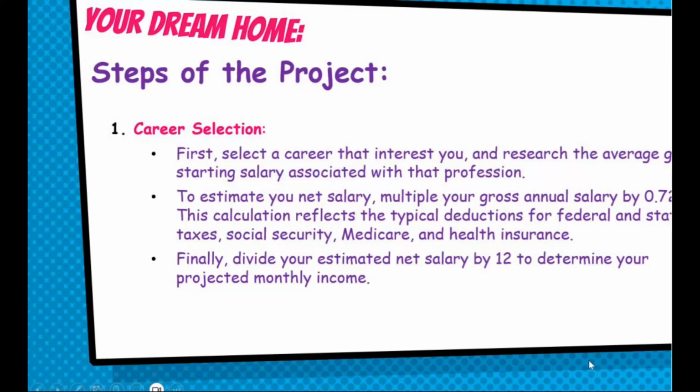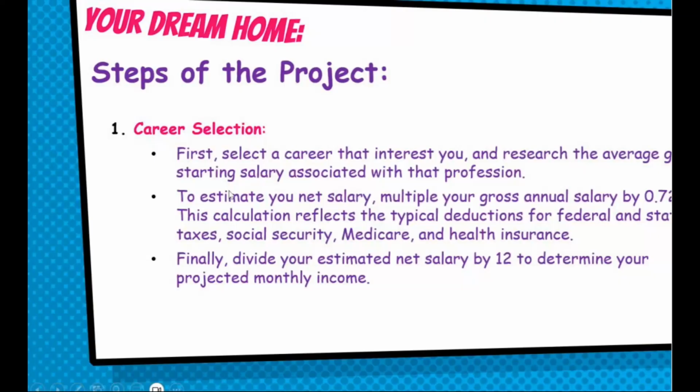I want you to research the average gross, so before taxes, the average gross starting salary associated with that profession. It's very important that you put starting salary with that profession.